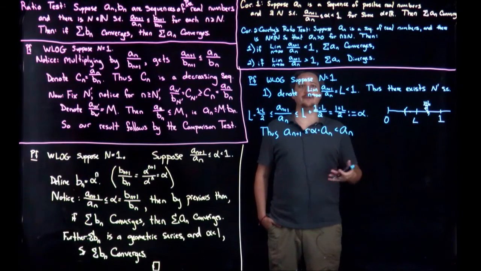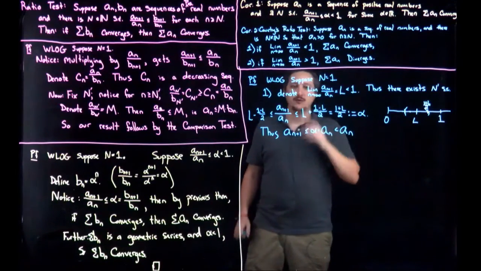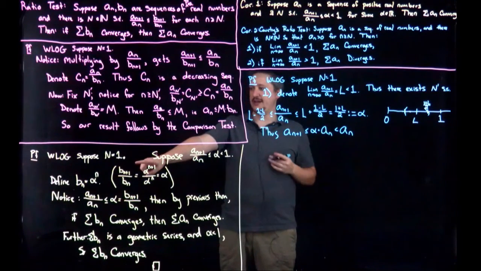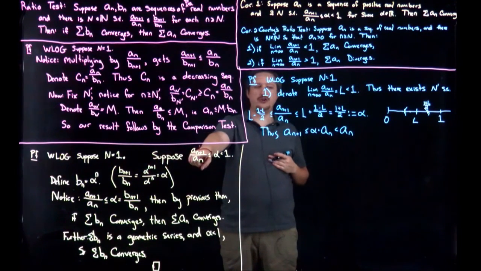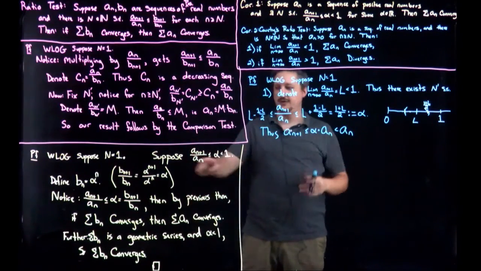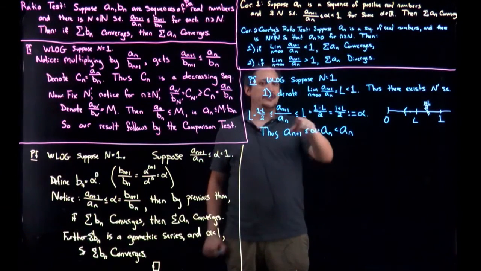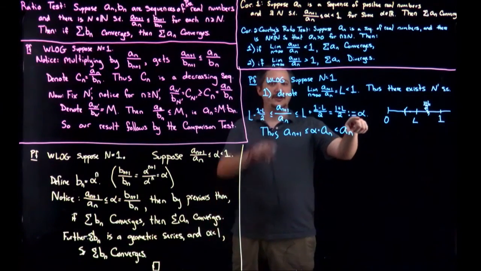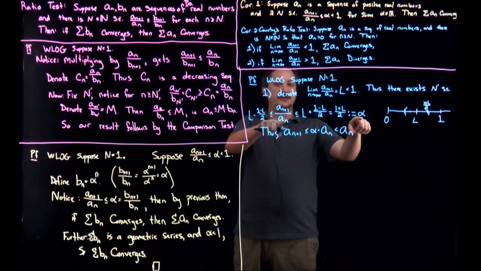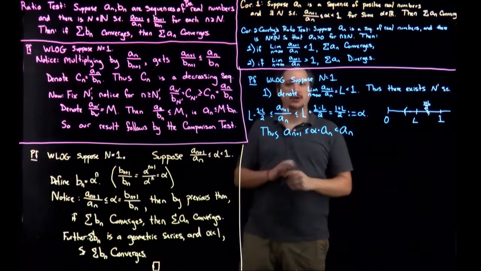But importantly, what am I after? I'm after that this series, an, converges. Well, I've shown that the ratio an plus 1 over an is less than or equal to alpha, which is less than 1. I guess I don't even need to show this, but it's maybe helpful. That's exactly what I just did: an plus 1 over an is less than or equal to alpha, where alpha is still less than 1.